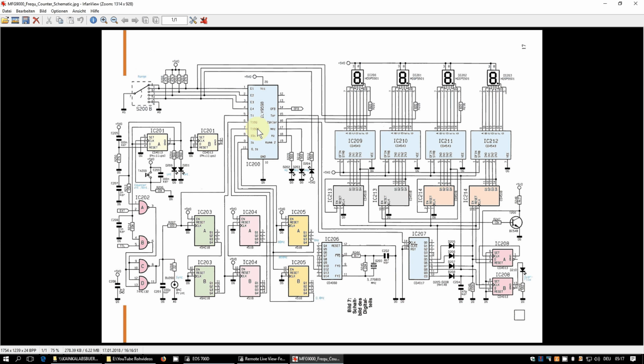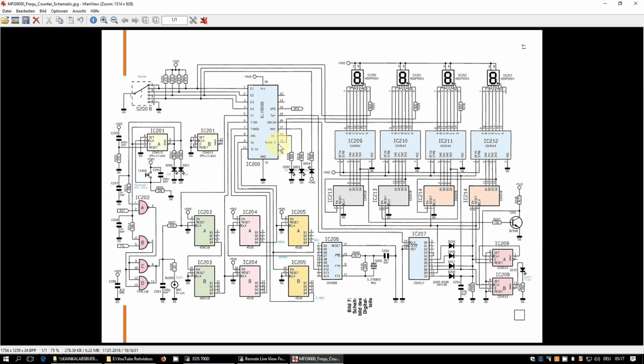And you can already see this is the GAL, the gate array logic. And it switches here with a range switch. It not only switches the decimal point, it also switches the gate time, and it chooses the right tap of the divider chain. It also serves to light up the right range LED, whether it's hertz, megahertz or kilohertz.